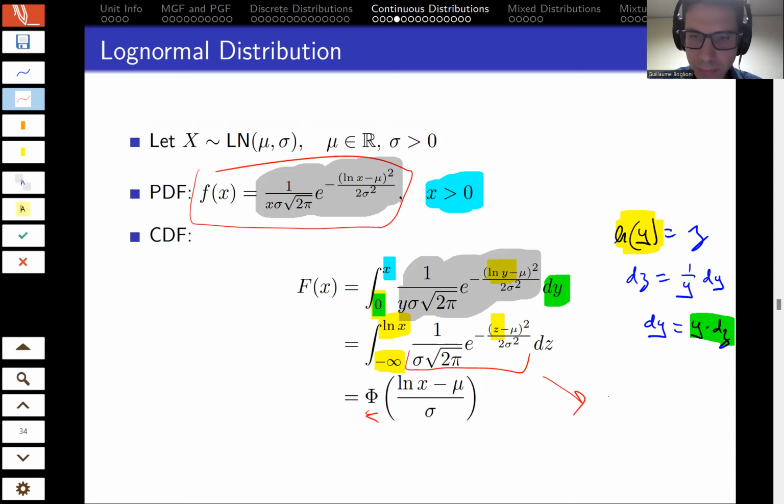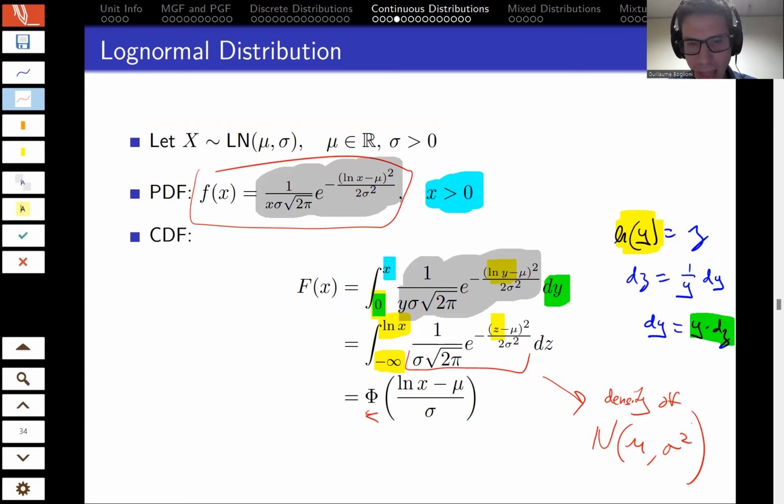This is the density of a normal. Careful, a normal with parameters mu and sigma squared.